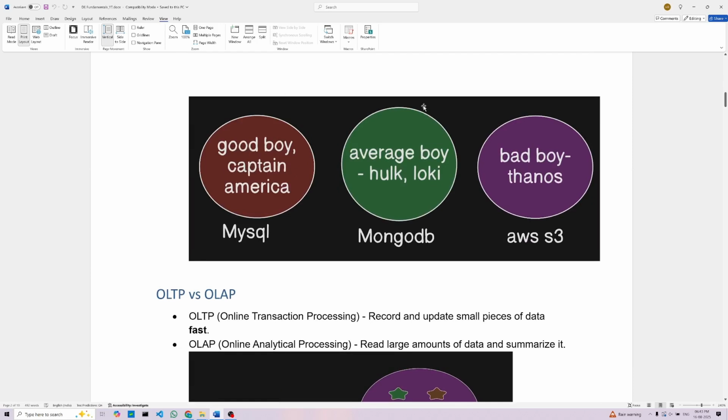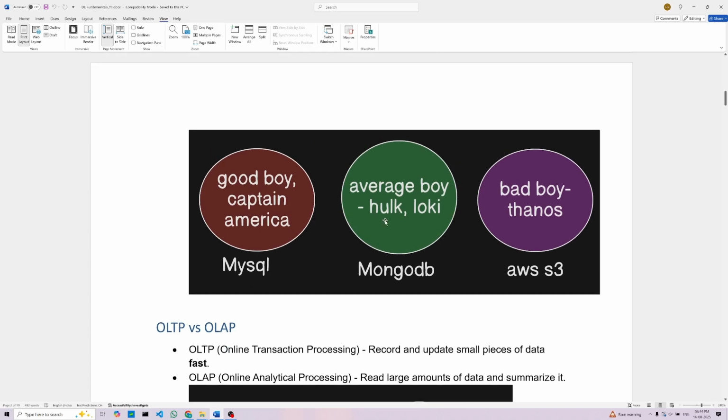Structured data is the good boy. As we all know, we can put the character of Captain America here. And second is semi-structured. We can use Hulk and Loki because sometimes they behave like a good boy, sometimes they behave like a bad boy. And third is unstructured, means completely bad. So we can use Thanos there. You can remember these three characters, and these are nothing but examples of these three data types.